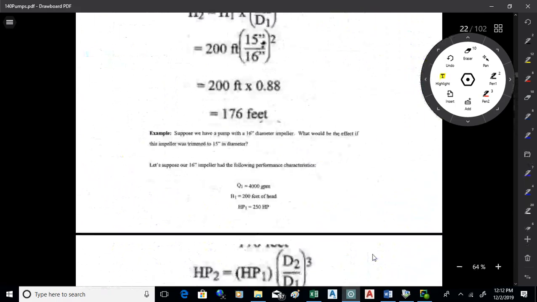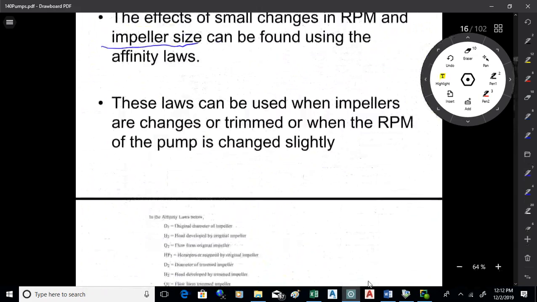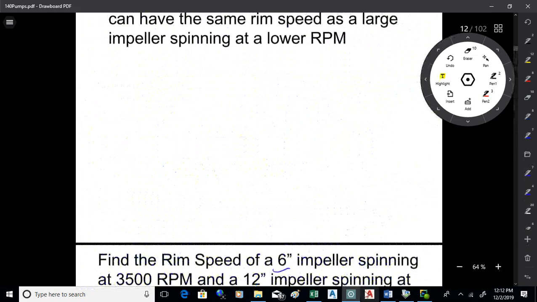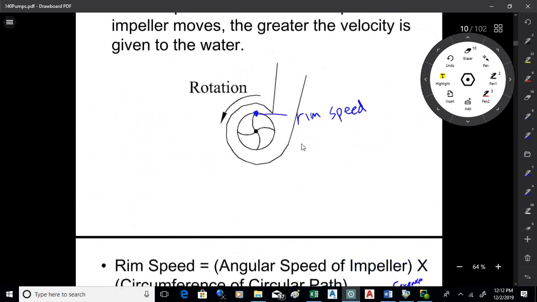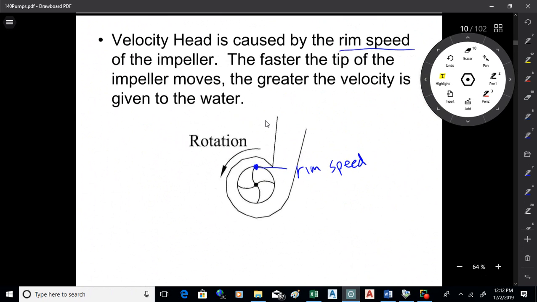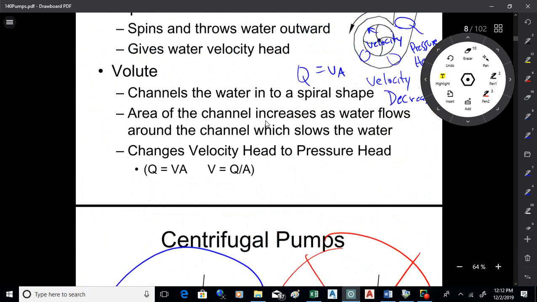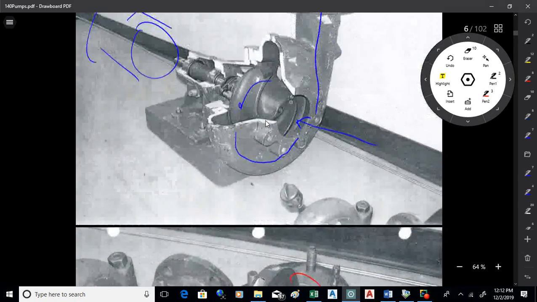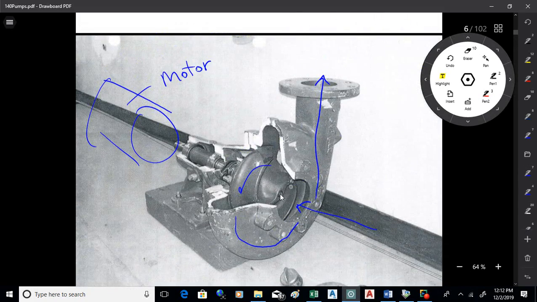When that impeller starts to spin, it throws the air out from the center, and what it leaves behind is a vacuum.